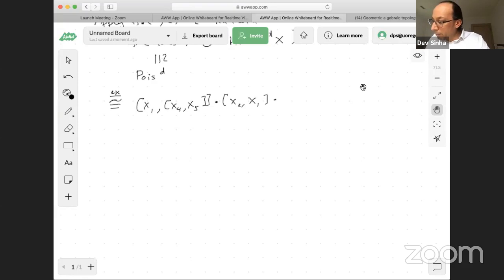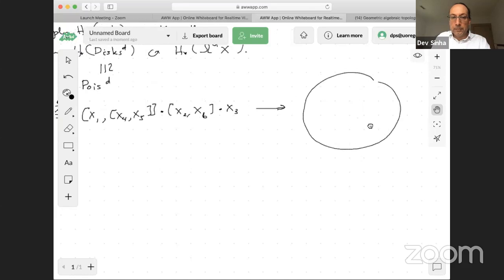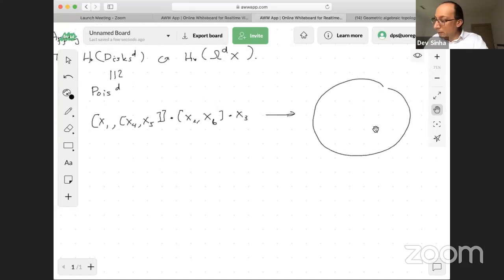Or I guess I did 6 here, x3. This homology class is going to be the following family of disks.